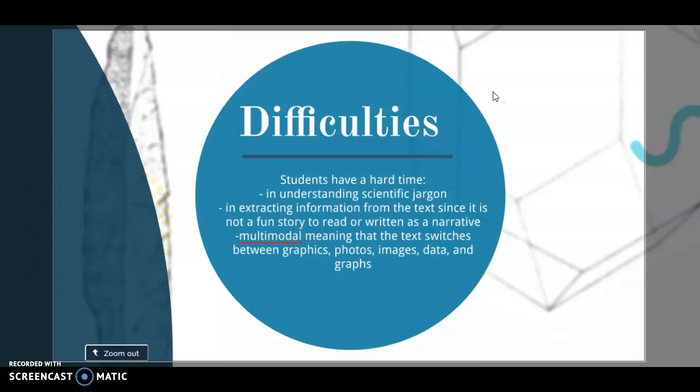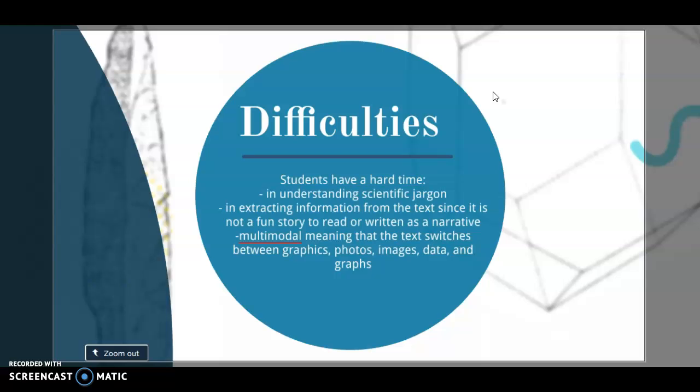They also have an issue with extracting information from the text. The video mentioned this was because it's not written as a narrative or a story that students can see. So maybe if we broke down what science is, that would be beneficial.